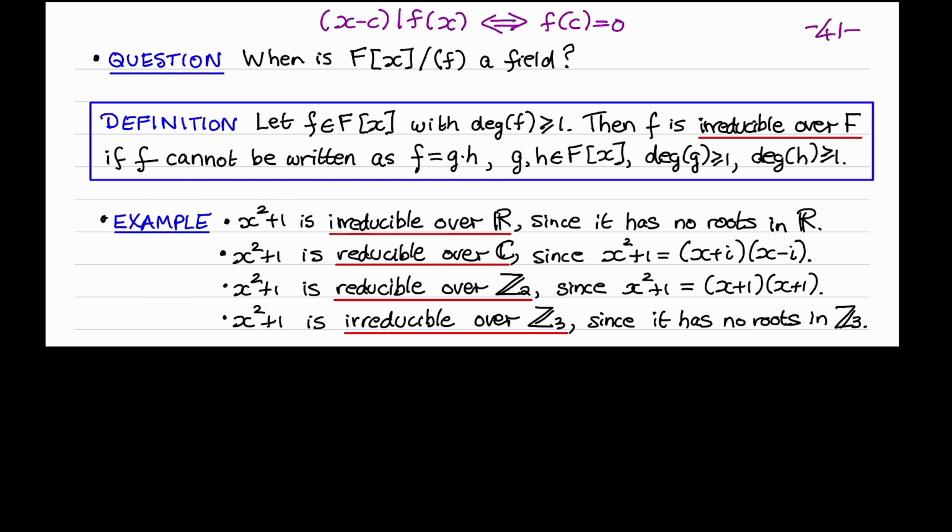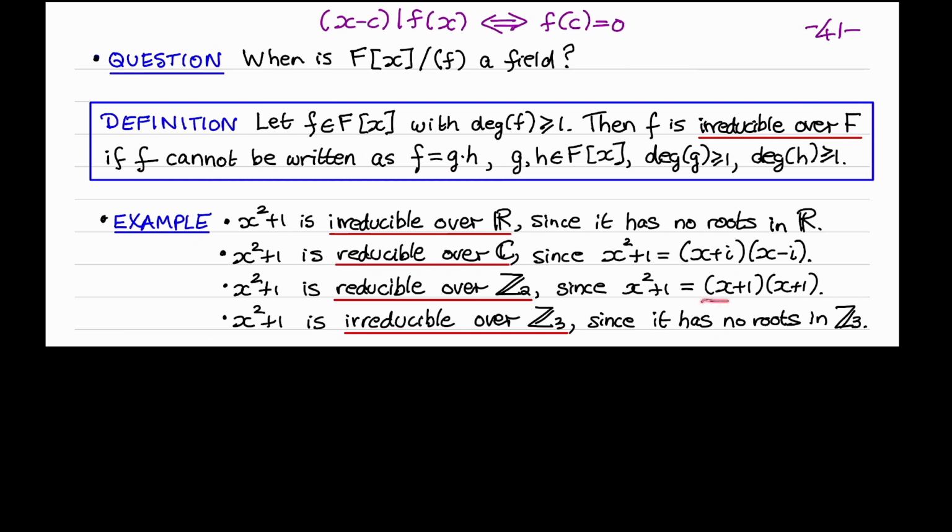Continuing the example, we see that x squared plus 1 is reducible over the field of integers modulo 2. And that's because x squared plus 1 has a root in Z2, namely the number 1. Again, the key point here is that we're considering polynomials now over Z2. Hence, x squared plus 1 factors over Z2 as x plus 1 times x plus 1.